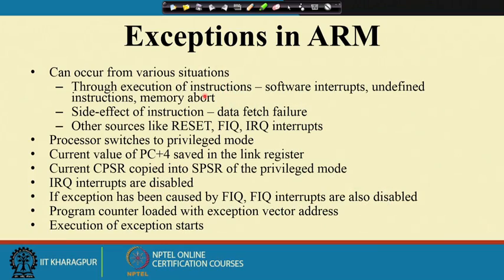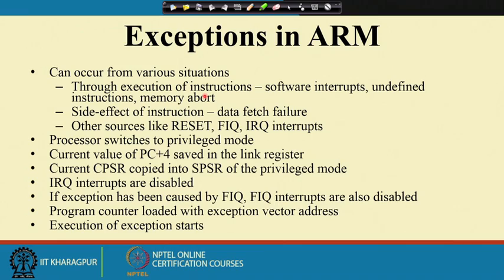Whenever floating point operations are found, the task is given to the coprocessor. We will see those later. So, undefined instruction means the instruction opcode is neither the opcode of the processor nor the opcode of any of the coprocessors that it may have. So, that is one condition.